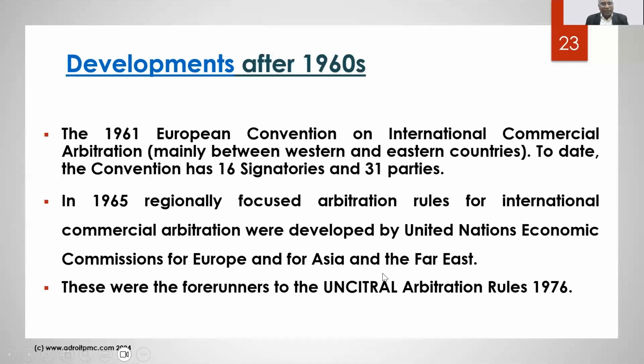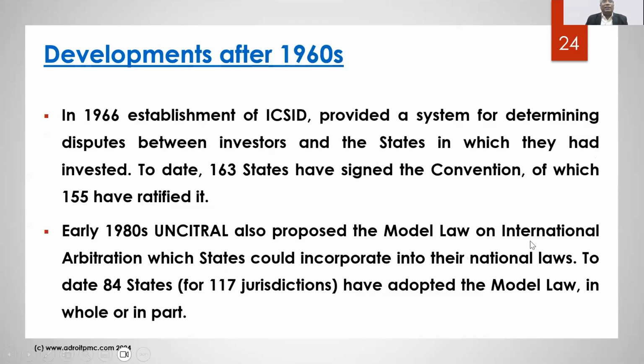Then after the 1960s, what happened? The European Convention on International Commercial Arbitration happened. And in 1965, regionally focused arbitration rules for international commercial arbitration were developed. Subsequently, the UNCITRAL arbitration rules came into force in the year 1976. Then in 1966, ICSID, which is for investment disputes between states.